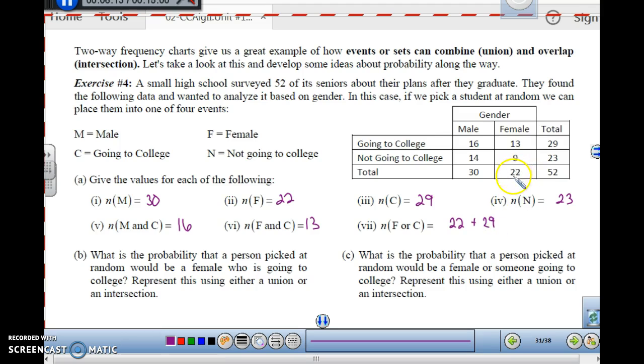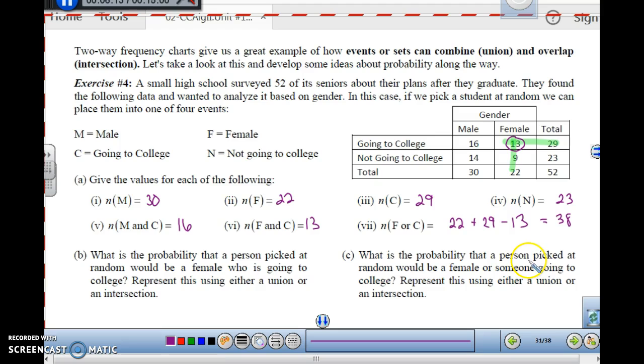But when I did this column and this column, what did I count twice? I counted 13 twice. So I have to take out one of these. So I'm going to subtract 13 right here. So 22 plus 29 minus 13 is equal to 38.